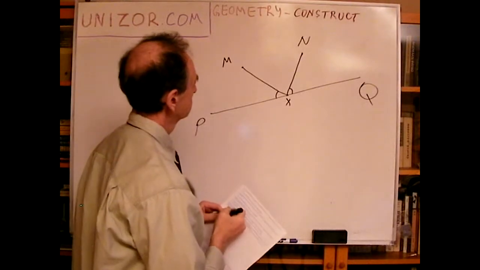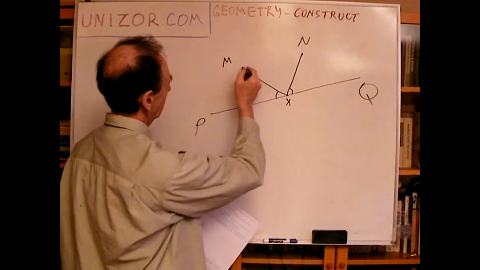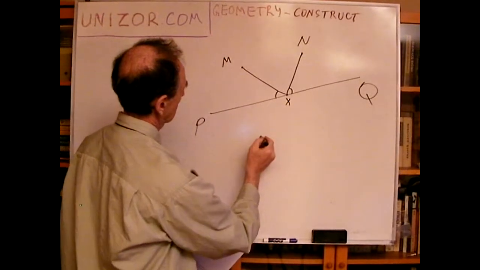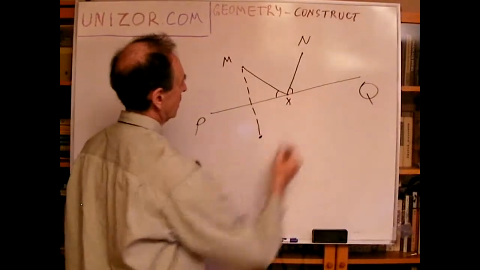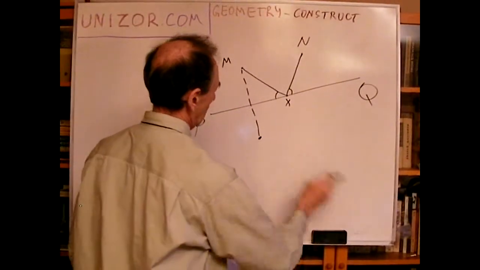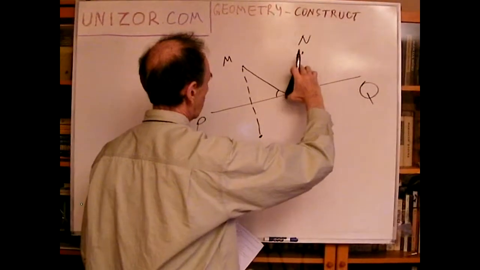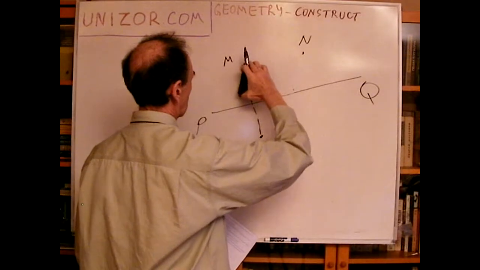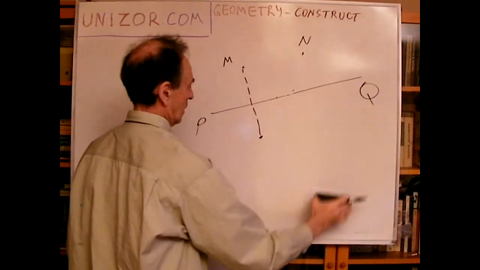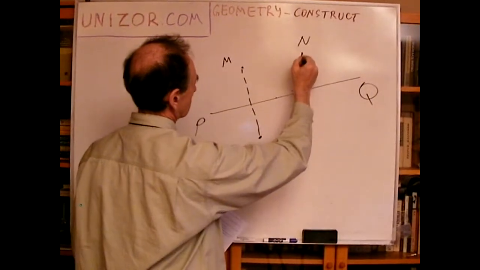Well, that's simple. You just take the point M, reflect it relative to this line, and draw a straight line from this point M prime to N.